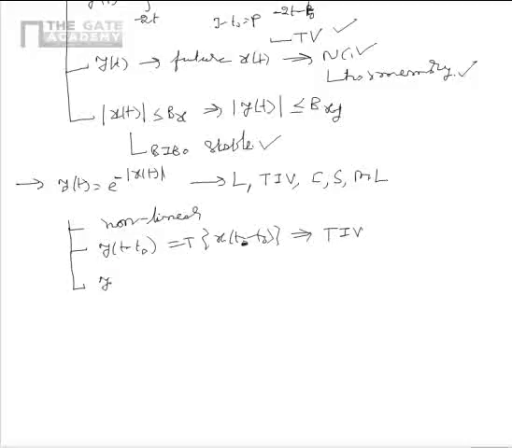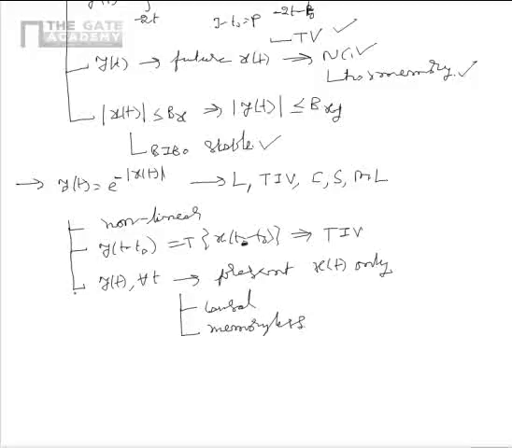We also see that the output y of t for every t depends on the present x of t only. From this we see that the given system is causal. As the output depends on the present x of t only, it is memoryless as well. We can also show that if the input is bounded, that is, mod of x of t is less than or equal to bx, mod of y of t is also less than or equal to e power minus bx.